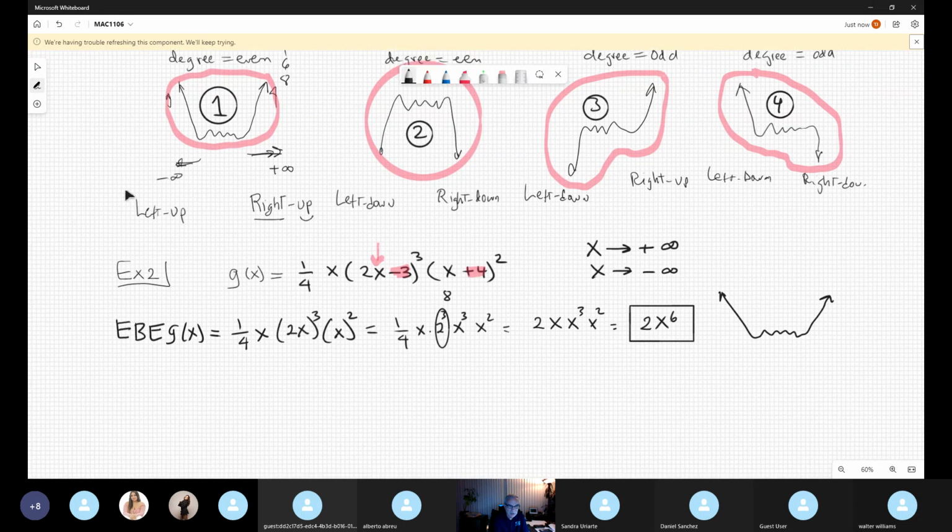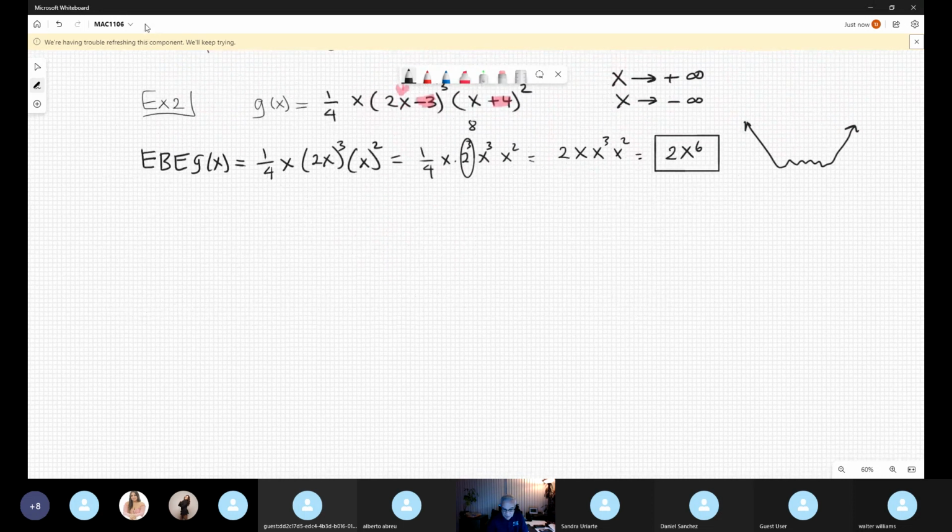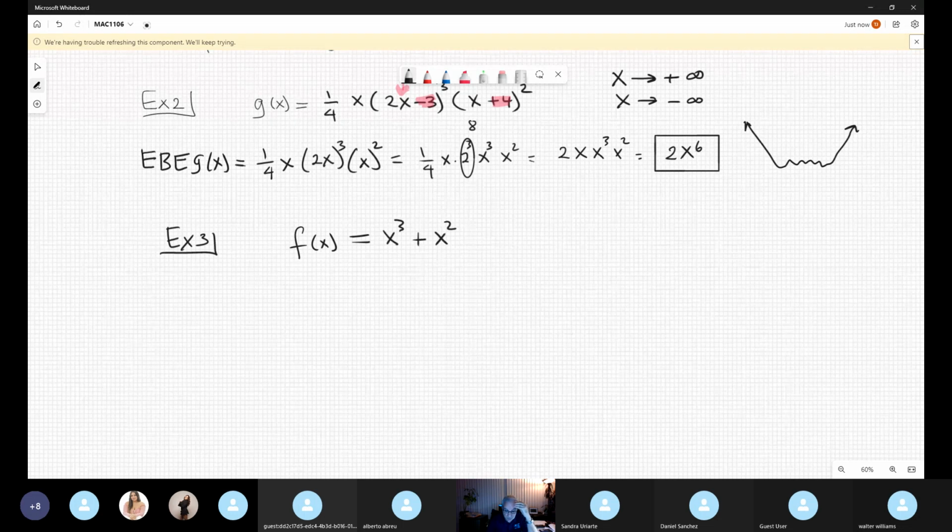I suppose you get a rough idea now, but little by little, in another example, you see it more clearly. Let me see example 3. Example 3 is f of x equals x cubic plus x squared minus 9x minus 9. Again, I need to find the end behavior of the expression f.